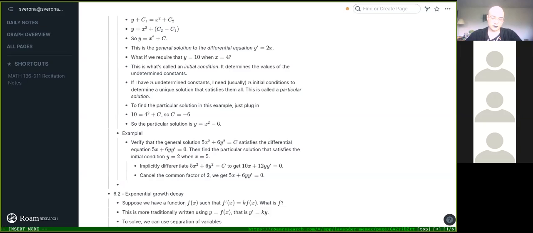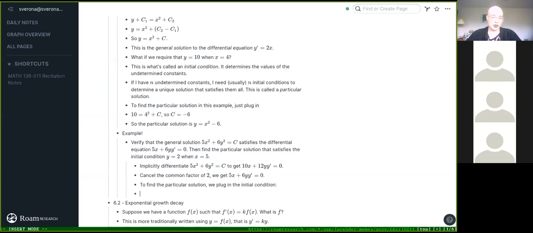So, okay. Oh, shoot. I never did the initial condition bit. Whoops. Okay, I'll get back to that in a second. Let me finish this problem first. Shoot, where was I? All right. Now to find the particular solution, we plug in the initial condition.